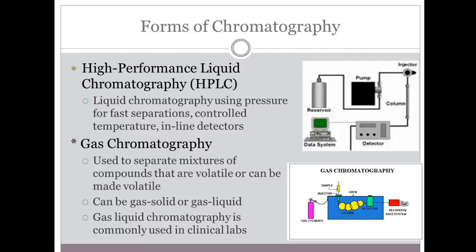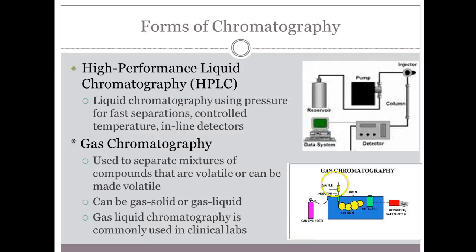Other types of chromatography are high performance liquid chromatography, called HPLC. This is liquid chromatography using pressure for fast separations in a controlled temperature environment. Gas chromatography, which if any of you have bachelor's degrees in chemistry, you have used these. I know I have. Gas chromatography uses mixtures of compounds that are volatile. We send it through a high temperature chamber, and it separates based on their chemical makeup.